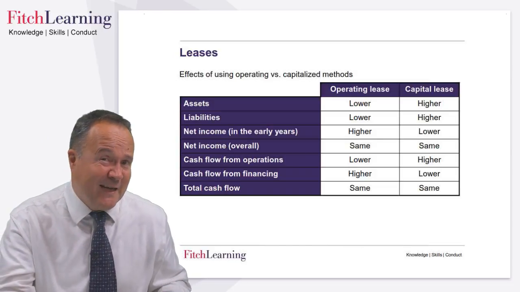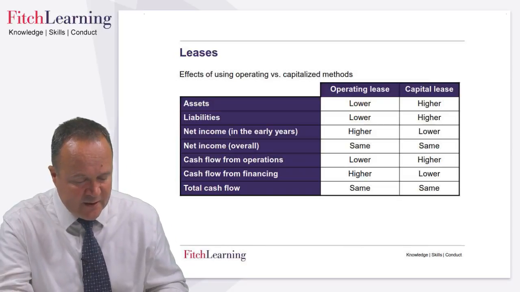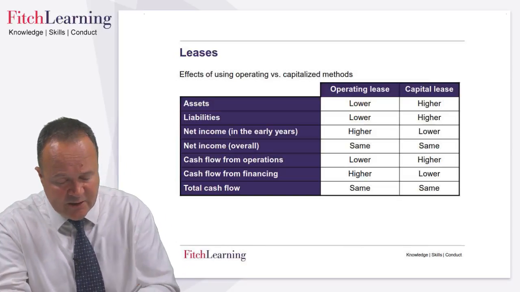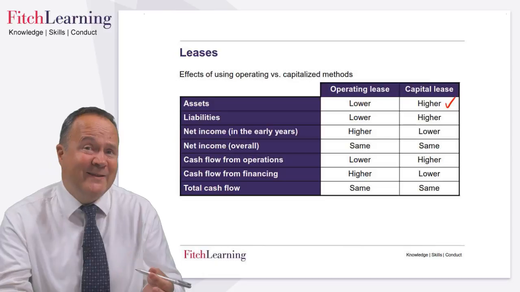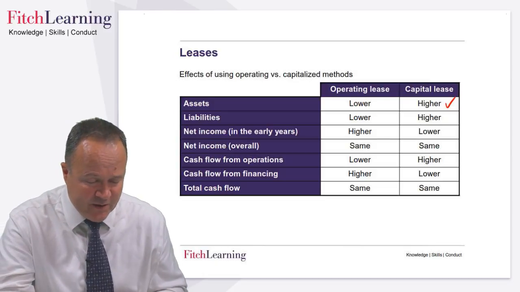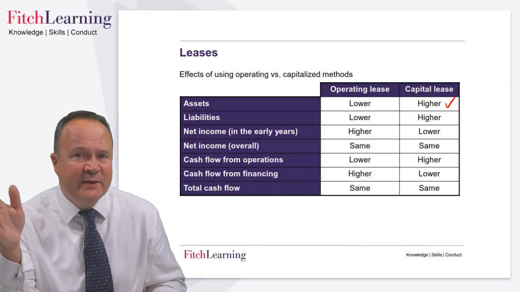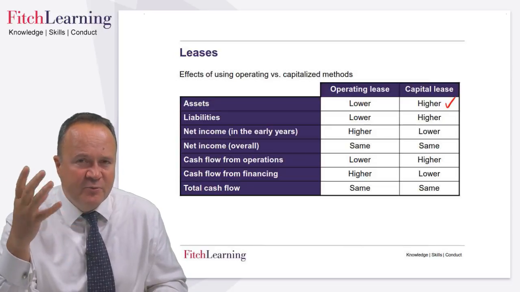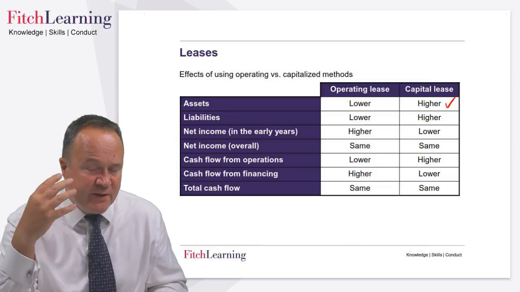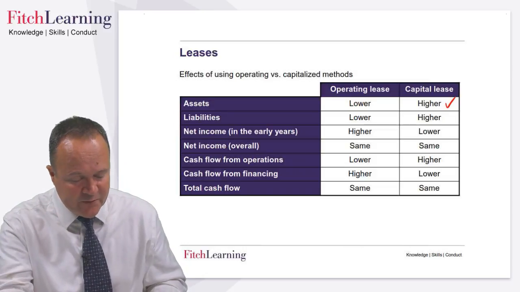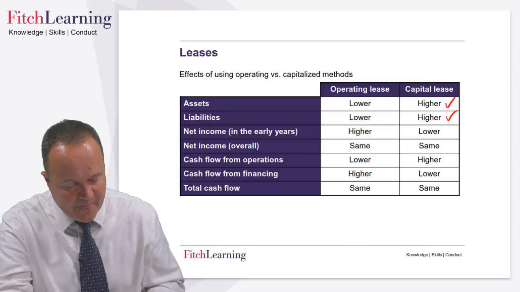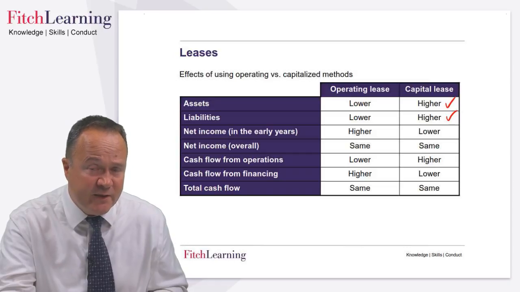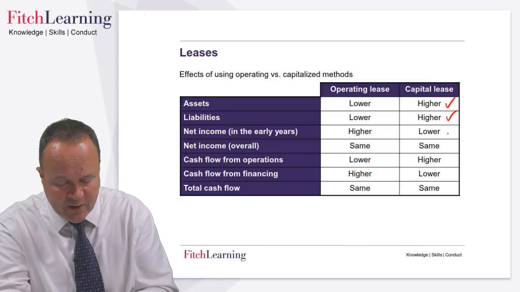So a finance lease, capital lease, at the start of the lease in particular, you have higher assets because we have an asset on our balance sheet and a liability. Now clearly by the end of the lease, the asset has gone down to zero. So I guess the question would probably assume that we are at the start of the lease or near the start. So we have an asset and a liability. Income in the early years, we've proved that with numbers, is lower.